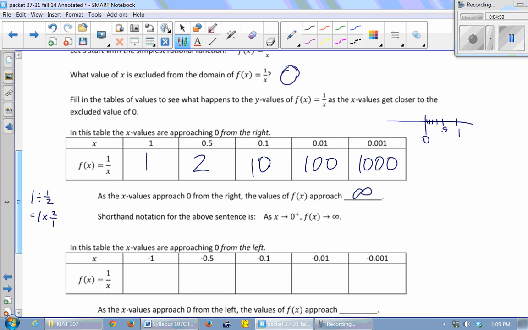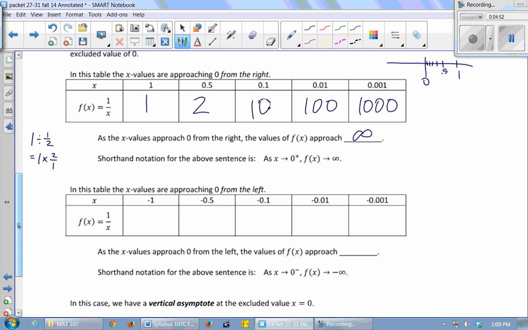So let's see what happens as x approaches 0 from the left. What's 1 over -1? -1. 1 over -1/2? -2. 1 over negative 0.1 is negative 10, negative 100, negative 1,000.